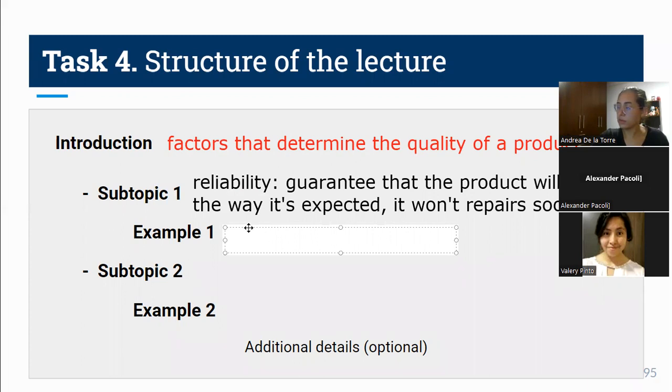Nobody remembers? The example was about cars, right? So the professor gives the example of cars and says that a car is reliable when it doesn't need repairs too soon and when it works the way that you would expect it to work, right? So basically, that's when a car is reliable. Do you guys agree with me? Anything else that was mentioned there?